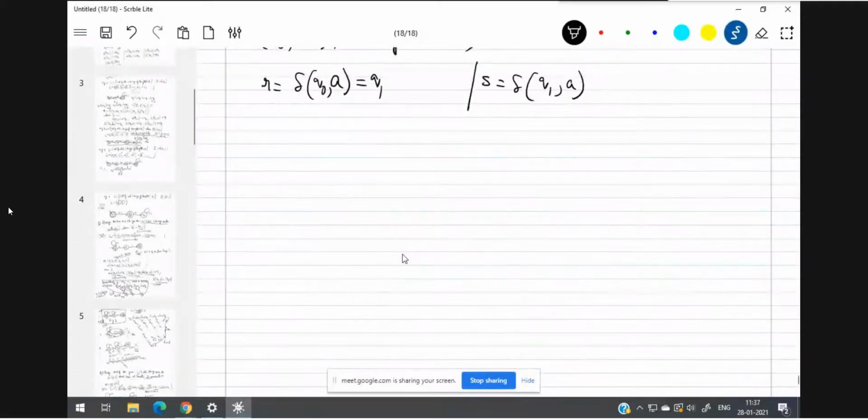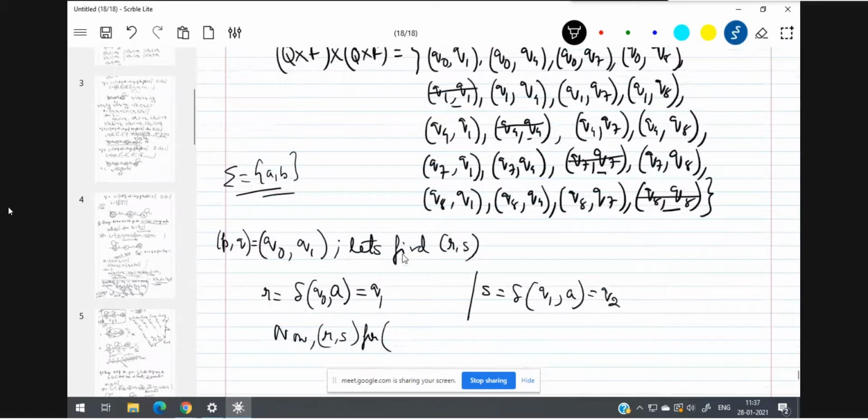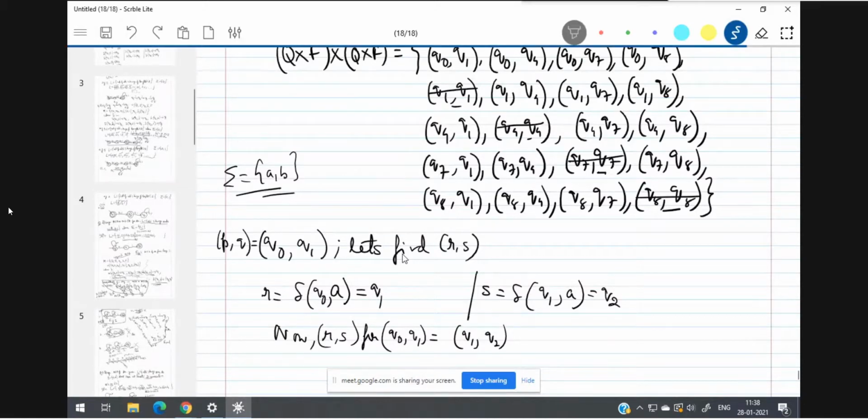So let me write is equal to Q2. Now RS for Q0 comma Q1 is equal to Q1 comma Q2. RS for this one is Q1 comma Q2.